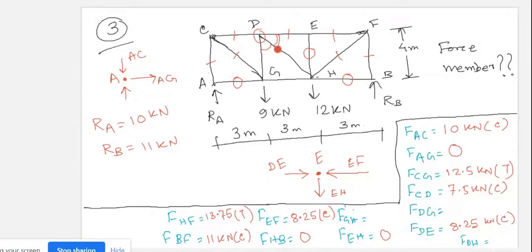Either you can just not consider this one. Either with cos theta and sin theta. How much is it coming? Anyone got this, FDH 1.25 kilonewton? Is it coming?